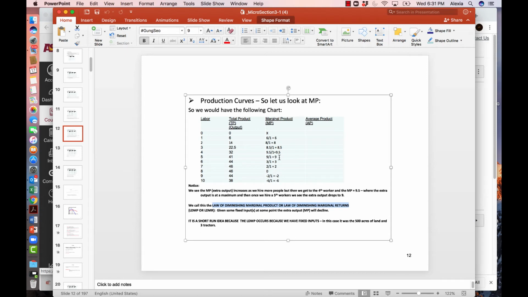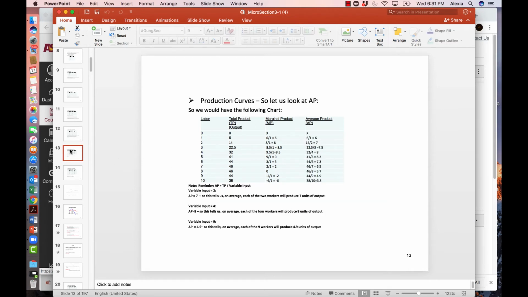But if you took the entire packet of seeds, say there's 100 seeds, and you threw them all into this teeny little pot with some dirt, none of those plants would grow because they'd strangle one another. That's the idea with the law of diminishing marginal product: if you keep adding and adding to something fixed, somewhere along the way, the extra has to go down. And that's the law of diminishing marginal returns.